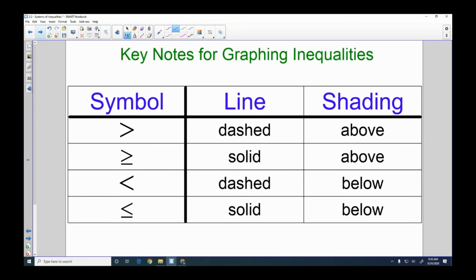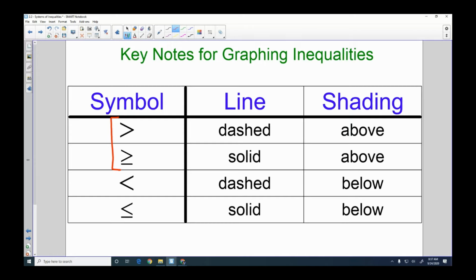All right, just some reminders about graphing inequalities. We're going to be graphing these now in two dimensions, meaning an X and a Y, as opposed to before when we were graphing just in one dimension on the number line. It's very similar. Look at these first two symbols. Those are both greater than or equal to symbols.